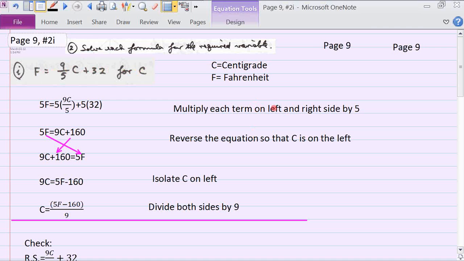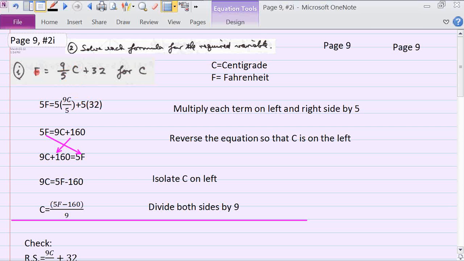So multiply each term on the left and right by 5. Why do I do that? Well, I want to get rid of this fractional 5 here. So 5 times f gives me 5f. And then I'm going to multiply 5 times 9c over 5, and then 5 times 32.